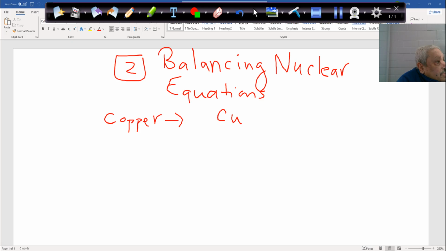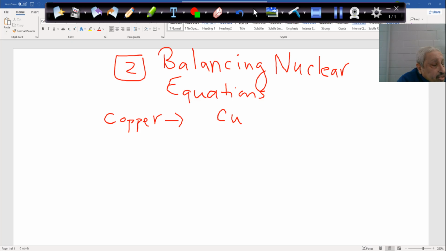Capital C, always the first letter is capital, the second letter is small. And they cannot exceed 2 letters. So you don't see an element that has 3 letters. No, all the elements are 1 or 2. That's the maximum number of letters in the symbol of an element.